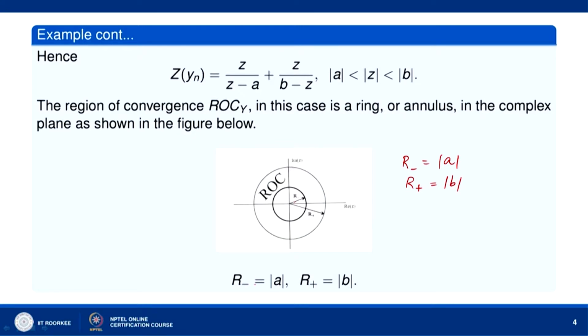Taking R minus as mod of A and R plus as mod of B, we see that the region of convergence lies between two concentric circles.